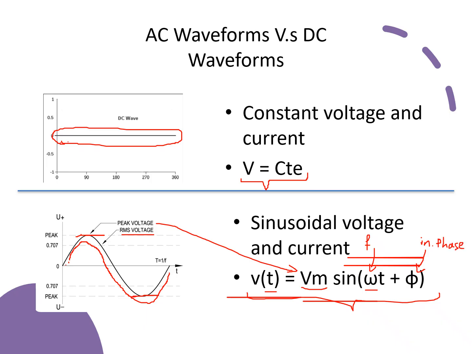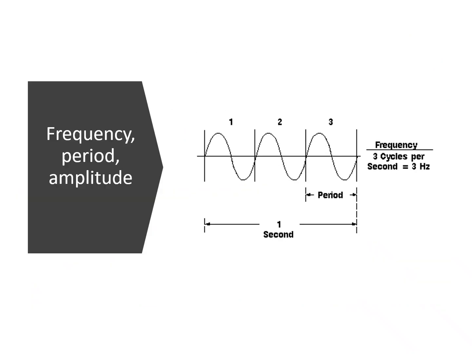All right, let's see what each one of these components is. We start with the most important concepts in AC circuits: frequency, period, and amplitude. If we consider this waveform as a voltage or a current signal, the frequency, which I'm pretty sure you have heard a lot, some of you might be masters in this realm of study, is the total number of cycles in the unit of time.